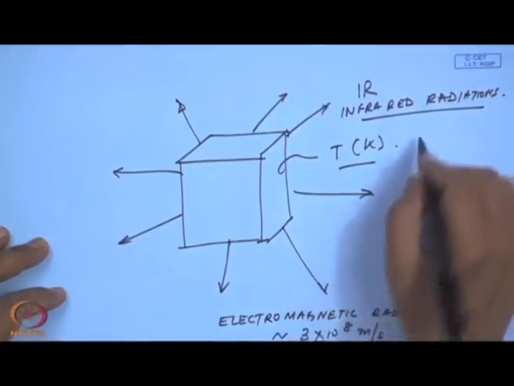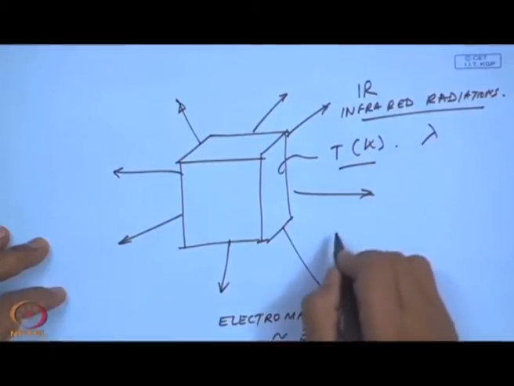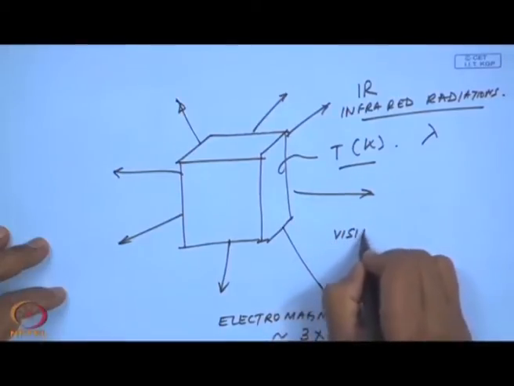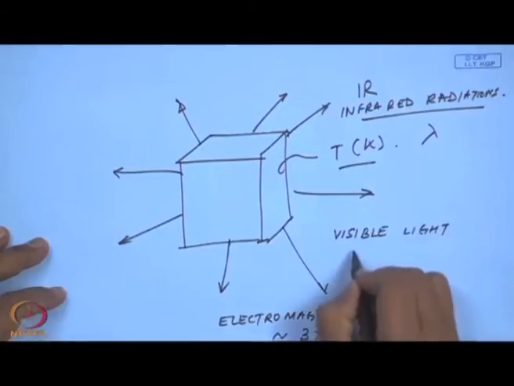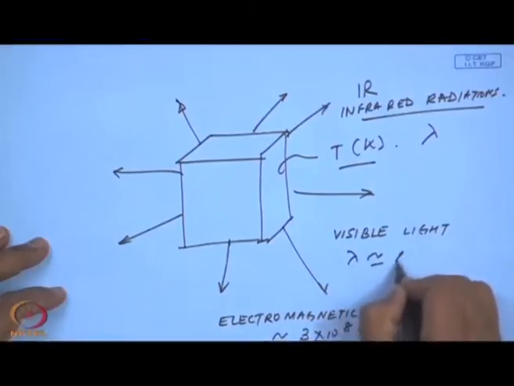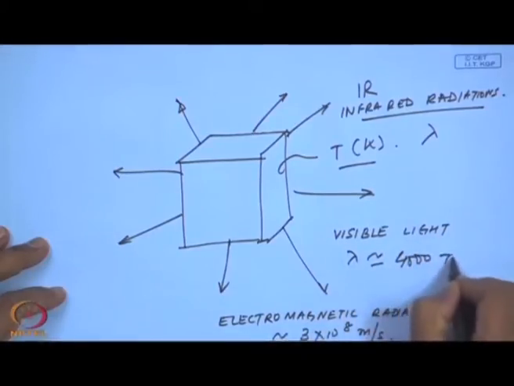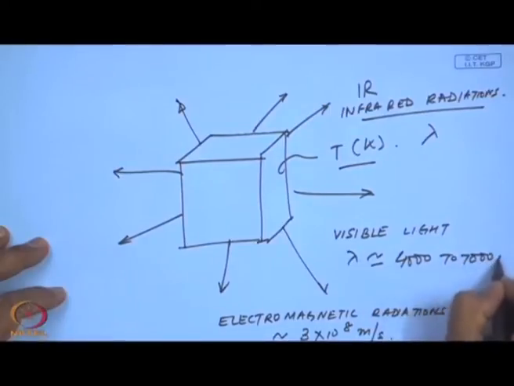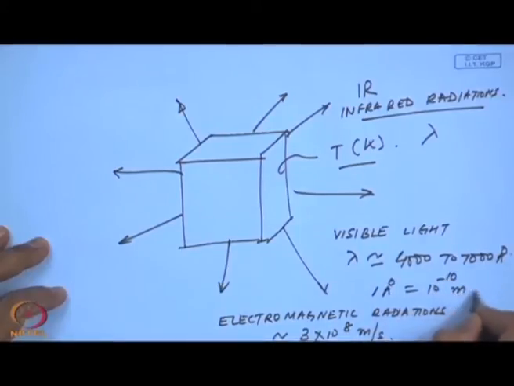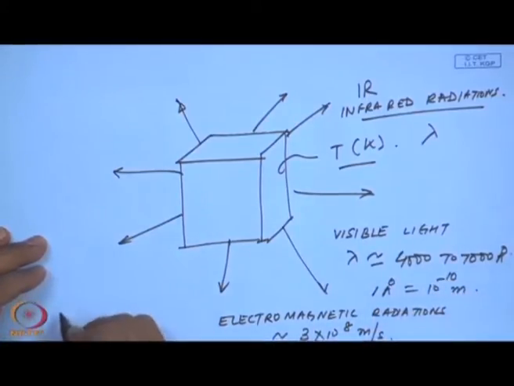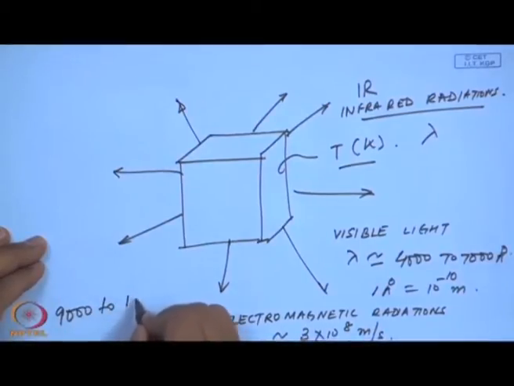The wavelength of visible light is somewhere from 4000 to about 7000 angstrom, where 1 angstrom is 10 to the power minus 10 meters. The infrared is somewhere from maybe 9000 to 11,000 angstrom.